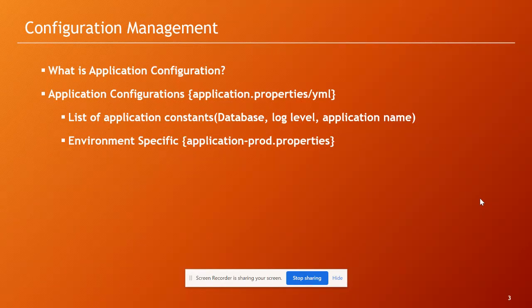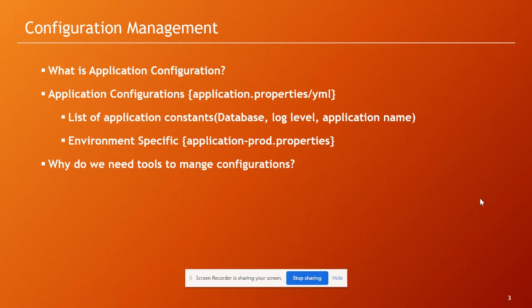After that, the next thing is, why do we need tools to manage this configuration? We have these property files. We can store all the properties inside a property file, but why do we need some other tool to manage it? When we have an application with a small number of services, like one service or two services, it is fine, we can manage with the help of a property file.